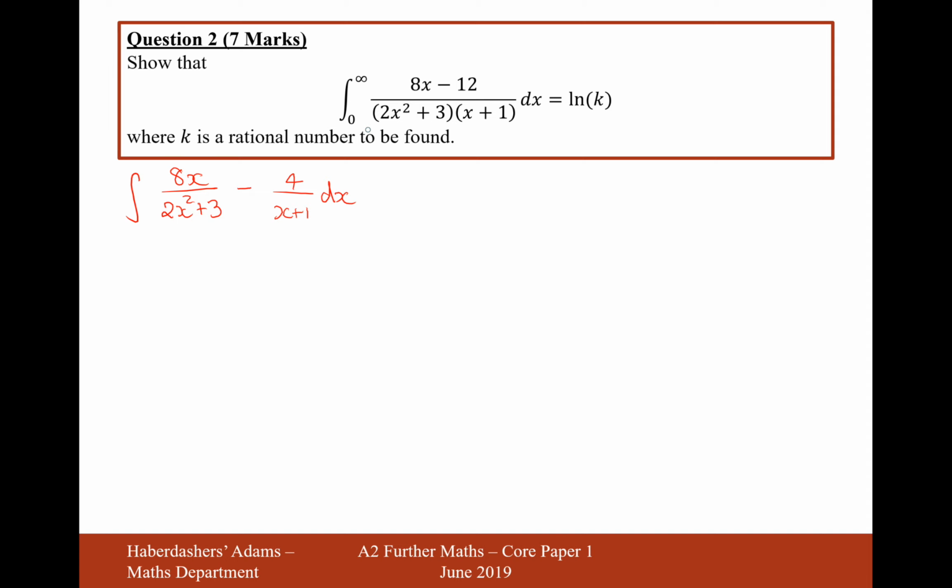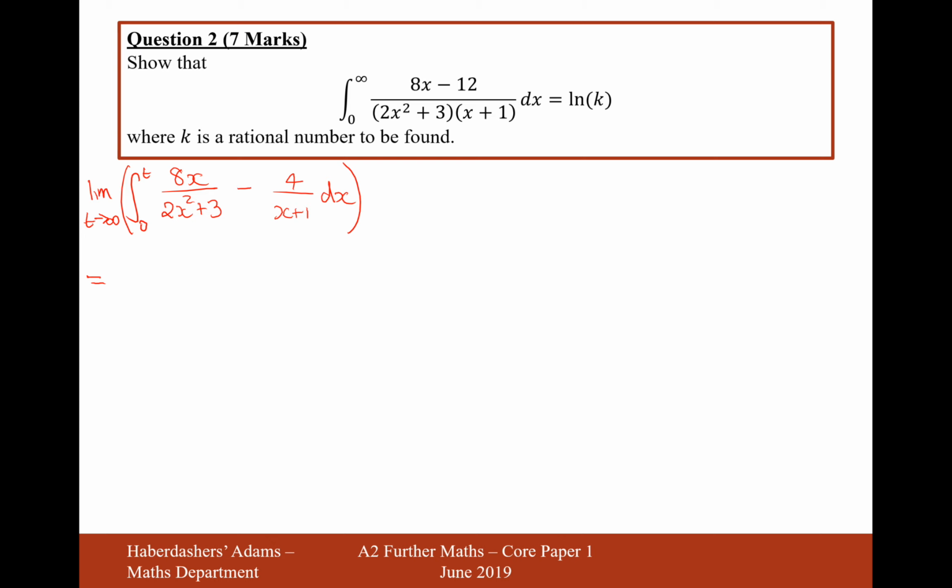There's not going to be any values in between 0 and infinity that will make this integral an improper integral, so that's something to check as well. So what I'm going to do is introduce a limit of 0 on the bottom and t on the top, and then around this I'm going to put the limit as t tends towards infinity.